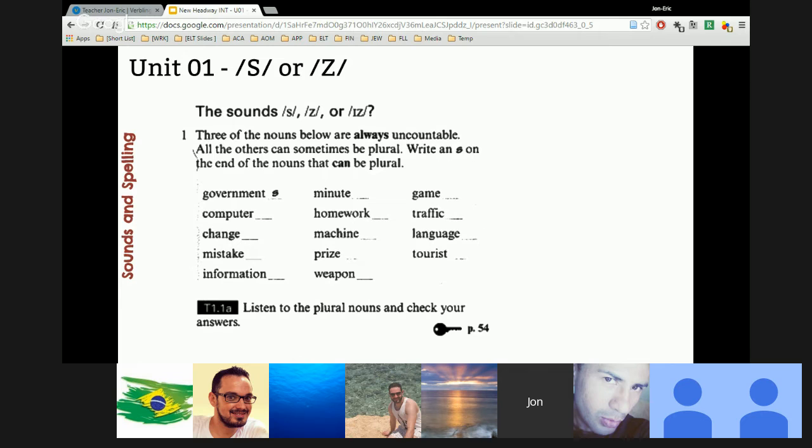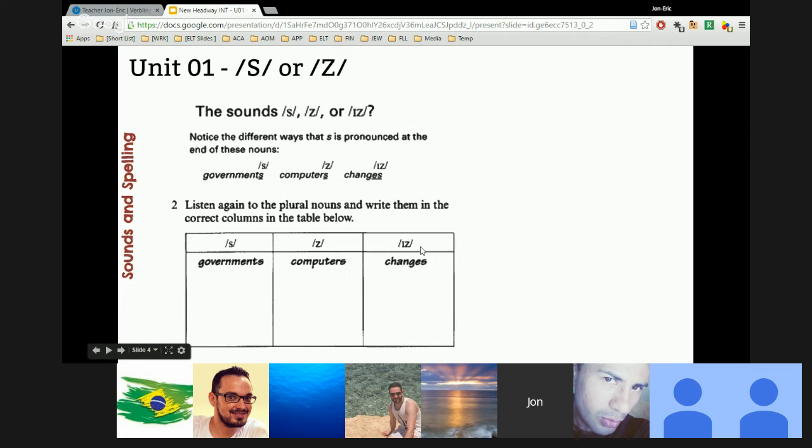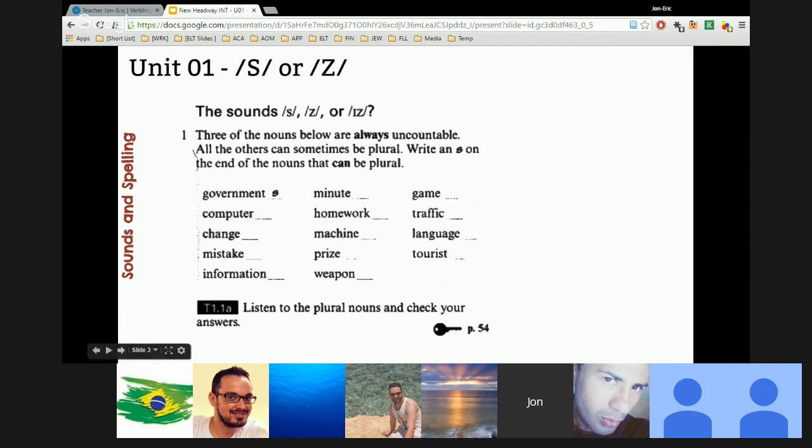Changes and prizes don't go in the Z column because they have an extra syllable. But weapons does. So, to summarize, computers, machines, weapons, games. That's it. And let's take a quick look at the IZ column, the extra syllable column: changes, and what else? I already heard it. Prizes. Prizes, and one more.